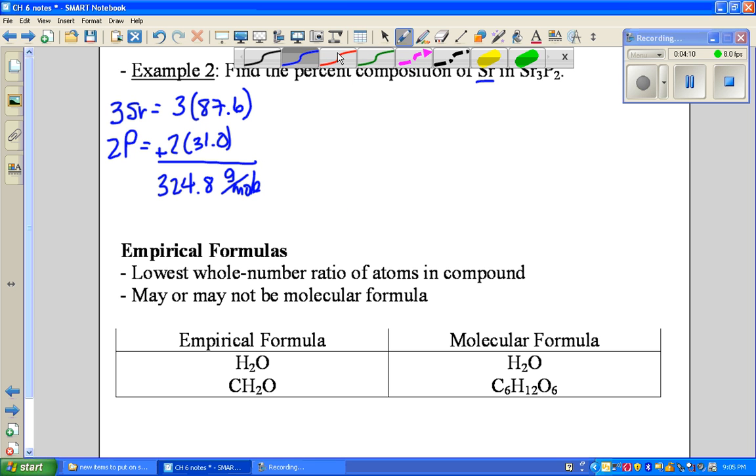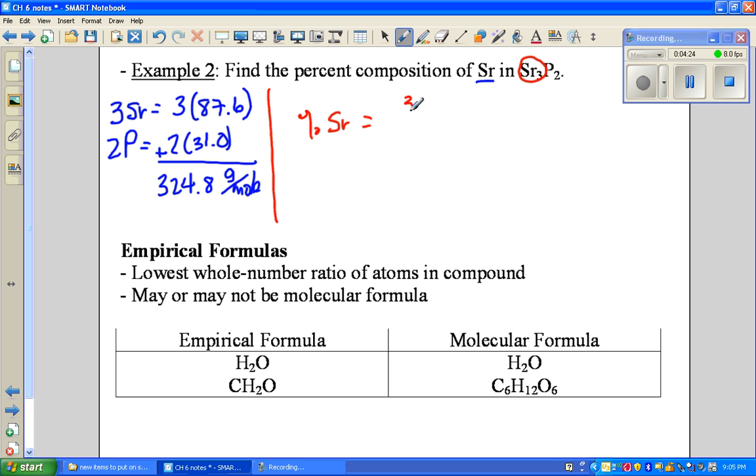Okay, so now I have everything that I need. I'm going to find my percent composition of strontium. Here's the little trick on this one: when I'm finding percent strontium, my element X, the mass of element X is 3 strontium. So I put 3 times 87.6 on top over my total mass that I just found, which is 324.8.